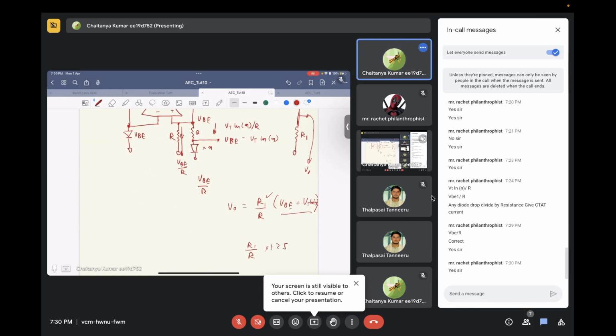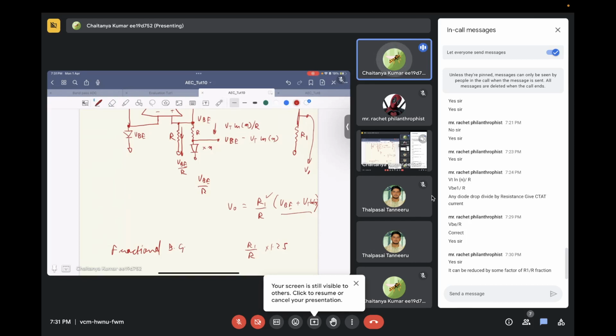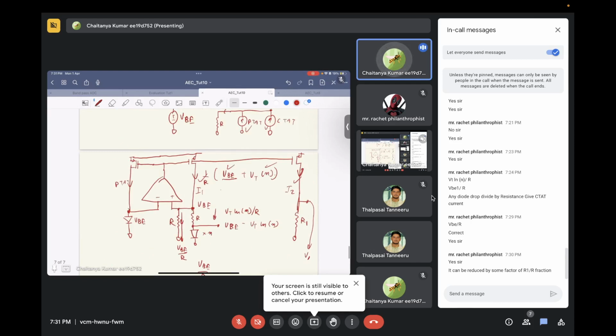Okay, so this is called fractional band gap generator. Why is it called fractional? Because we can generate something that is a fraction of the band gap voltage. It can be reduced by some factor, the R1 by R fraction.